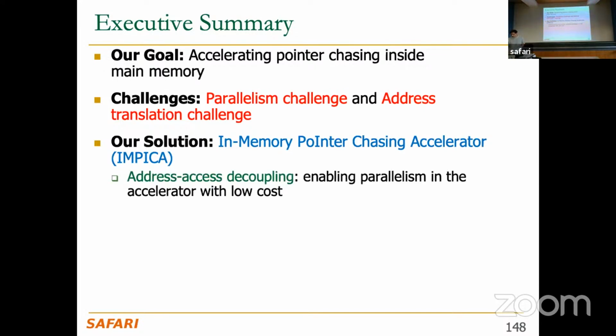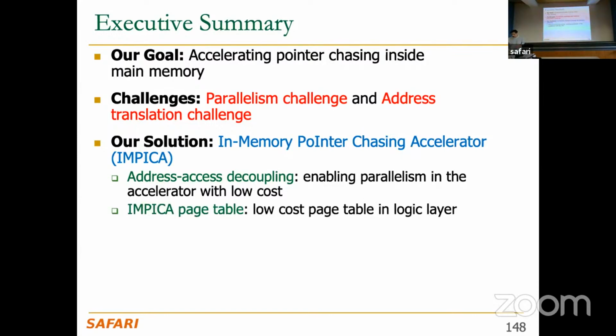It's based on a couple of key ideas. The first one is to do address and access decoupling, enabling parallelism in the accelerator at low cost. So we are going to have one part of the accelerator for address translation, while another part takes care of accessing memory and performing the operation that is needed by the pointer chasing application.